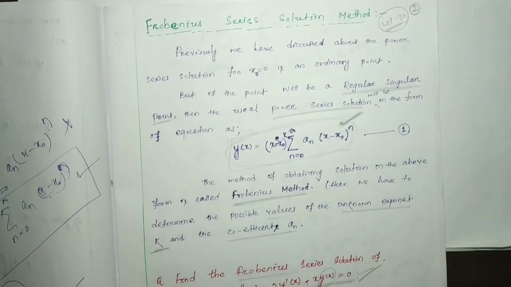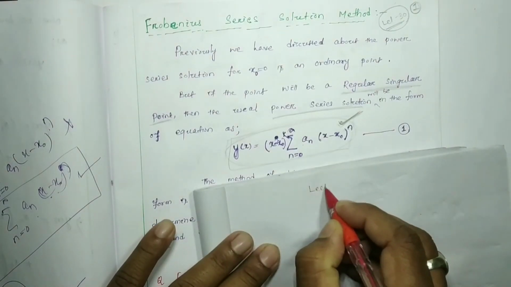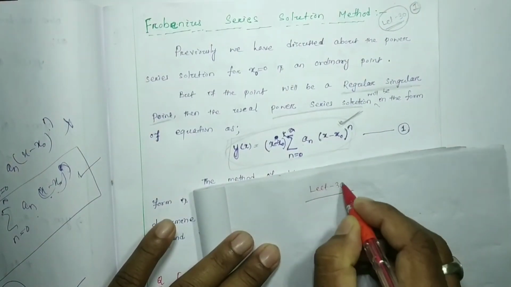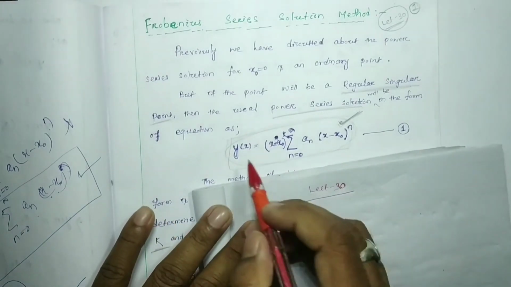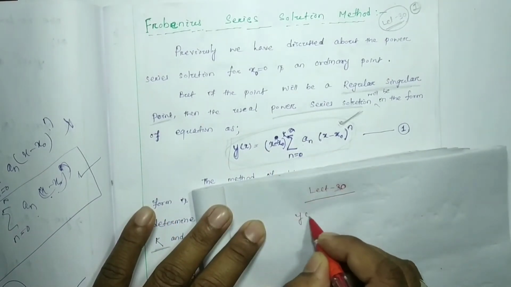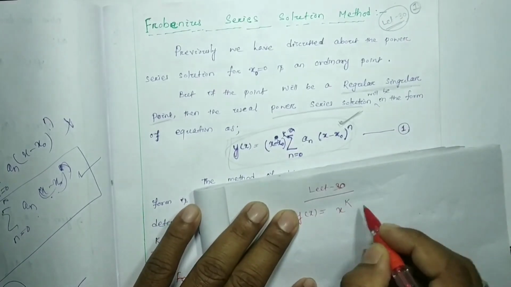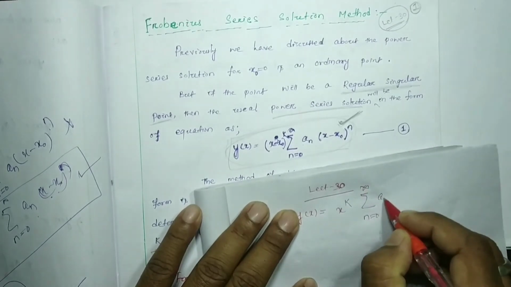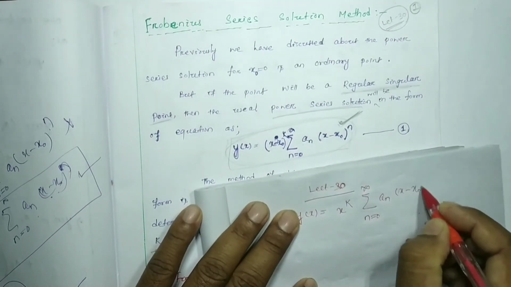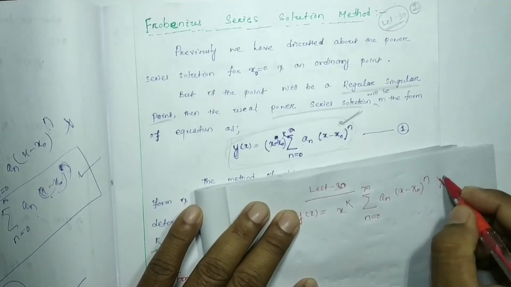Again I am going to explain that in lecture number 30, this equation was written by mistake as x to the power k, summation n equal to 0 to infinity a_n (x minus x0) to the power n. This was wrong, where x0 is the regular singular point.